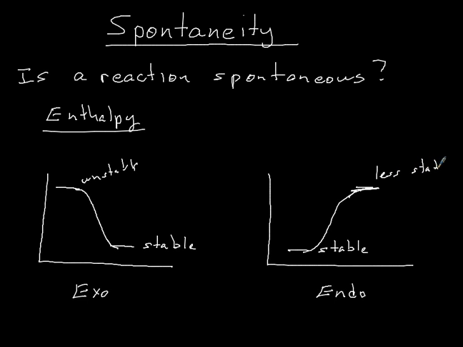All right, so what would be favored? A stable situation or an unstable situation? Well, you ought to be able to figure out that a stable situation is more favored. It's more favored to be stable. And so an exothermic reaction, does that produce a favorable result?